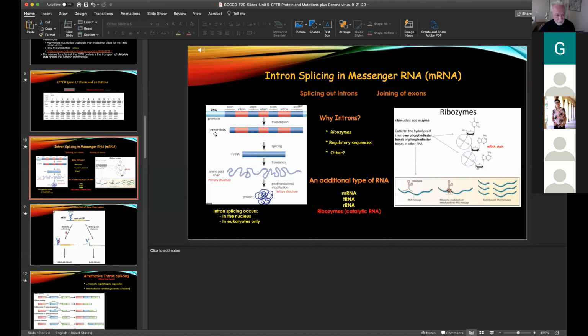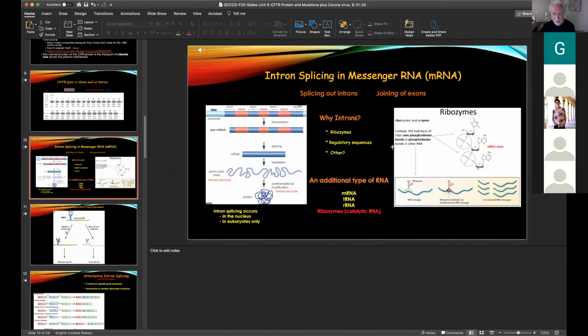But then the introns are spliced out so that all that's left are the exons, and they're stitched together into one continuous string. And from that is translated the CFTR protein, first as a primary structure, and then it's eventually folded into a tertiary structure, which is its active form.